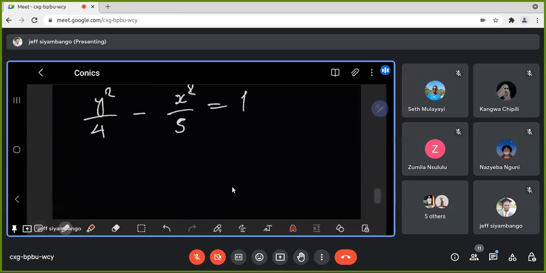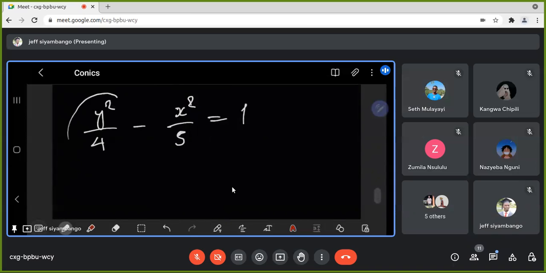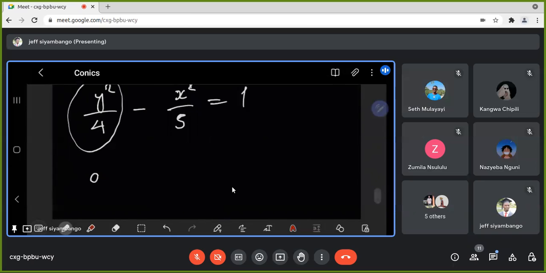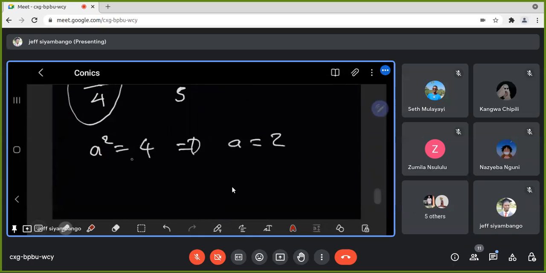So let's find what we have here. Firstly, we know a comes with the term that is positive. So here a squared is equal to 4, so that a is equal to 2. b squared is equal to 5, so that b is equal to root 5.